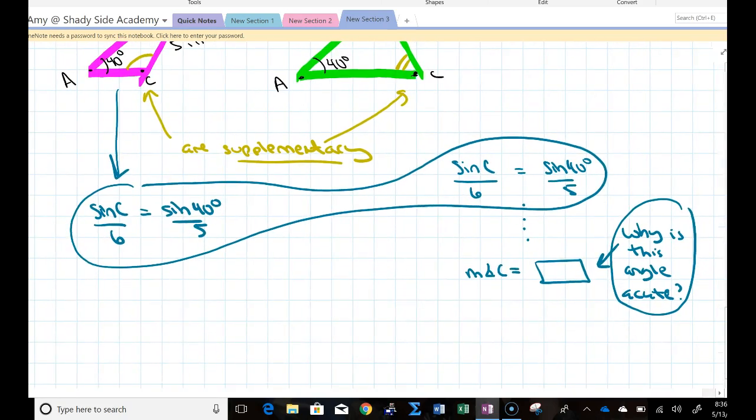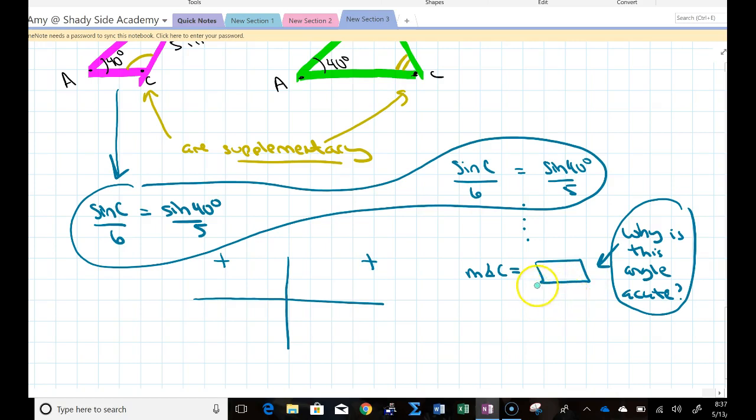Well, I'm going to ask you to think about something, and here's a hint. Remember that the sine of an angle is positive in quadrant 1 and in quadrant 2. When you find this angle, I want you to talk amongst yourselves with Miss Ament there. Why do I know for a fact this angle is going to be acute?